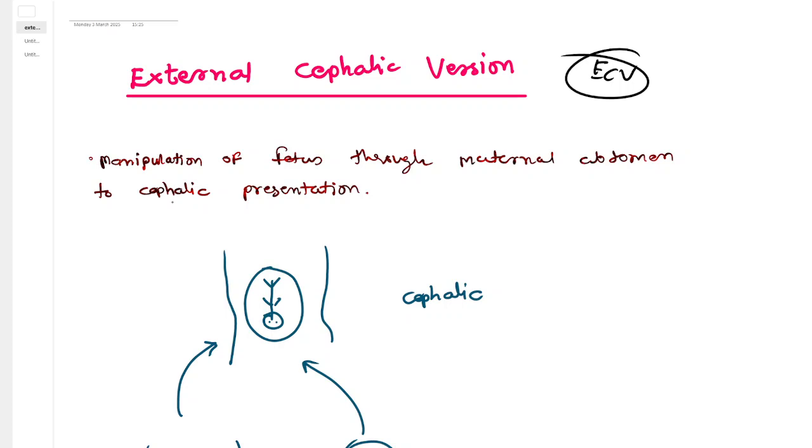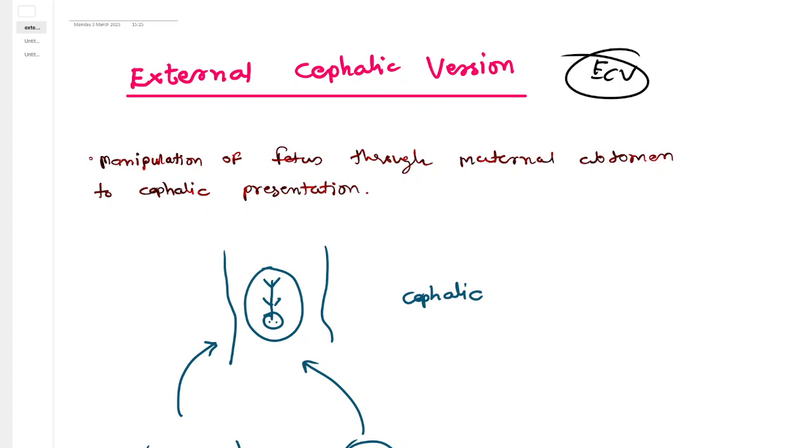Why? Because vertex presentation is the normal presentation, and it is comparatively very less risky to go for the vaginal delivery. Okay, so either you can manipulate the fetus from transverse position, or you can do it from the breech position.